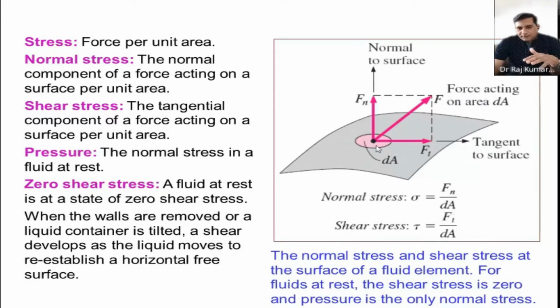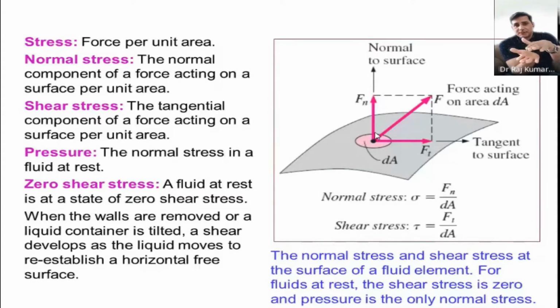Now you have the force component which acts in the tangential direction here. So the tangential force upon the area on which it acts. Let's say the area on which you have applied the force means the contact area, just this dot. If you are forcing here, the area is only this dot, not your entire palm.